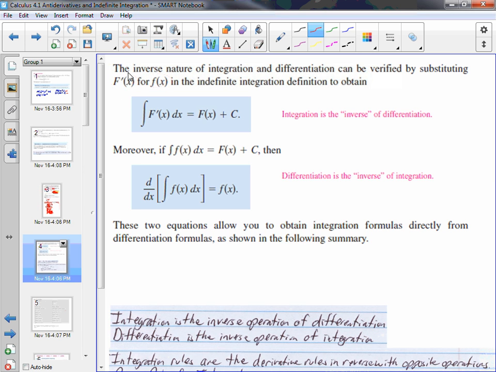This way. Right here. That means take the antiderivative of the derivative of the antiderivative. Now I've confused myself. Think of it this way. See that? That means antiderivative. See that? That means derivative.